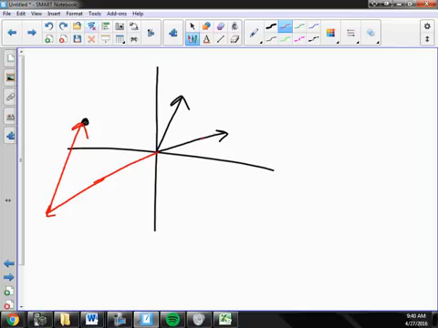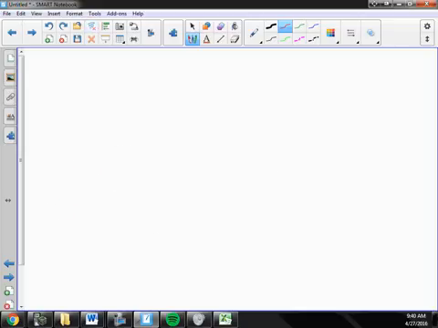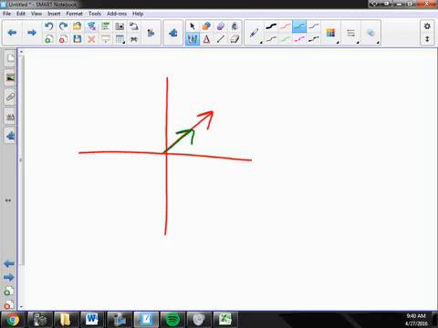As long as the two vectors are going in different directions, I can create any point I want in 2 dimensions. Okay? But what if those vectors are traveling in the same direction? So if I have this vector and this vector, can I create that point? No. What if the second vector was going in this direction?